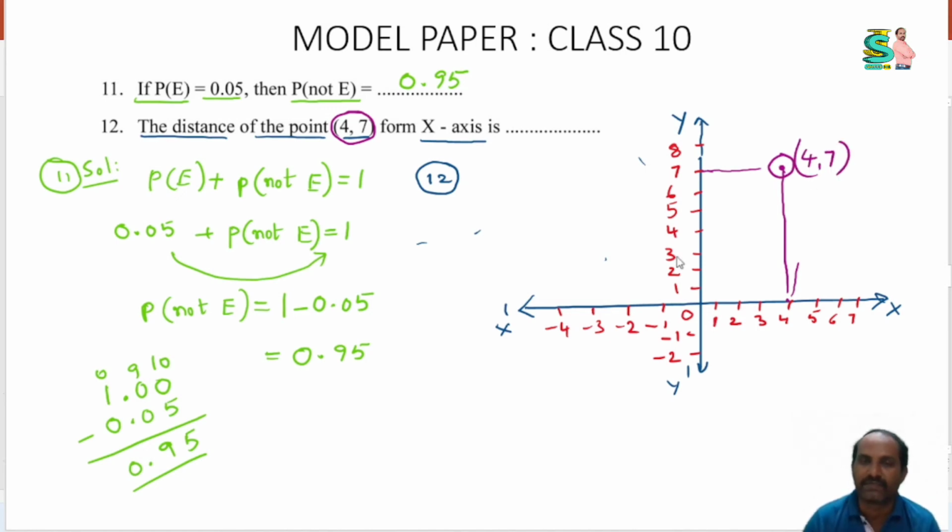Now, what is he asking in the question? The distance of the point from the x-axis. From the x-axis, how much distance is there? This distance is 7. So this answer is 7 units. These are the 1 mark questions. Okay, students.